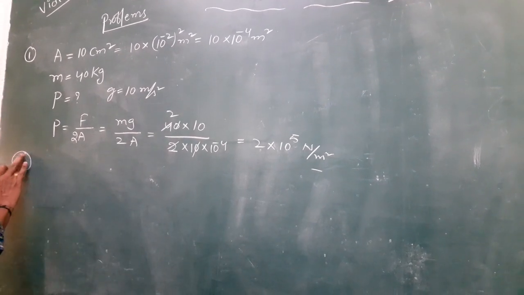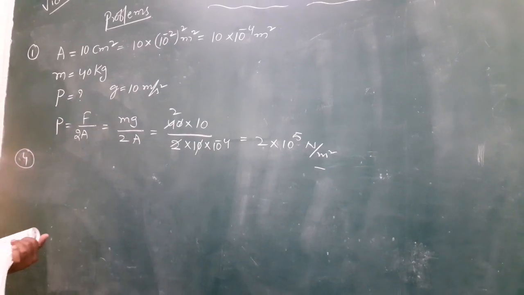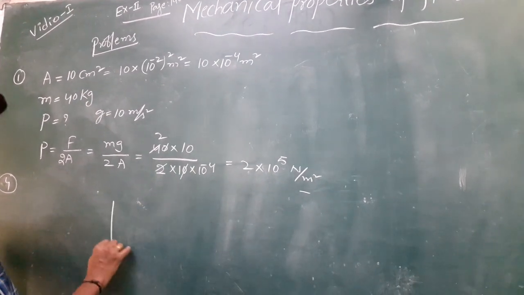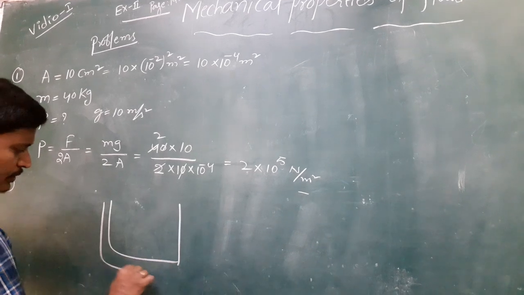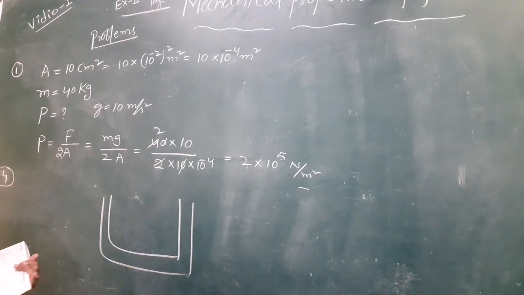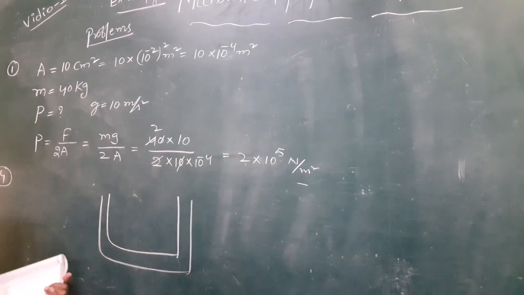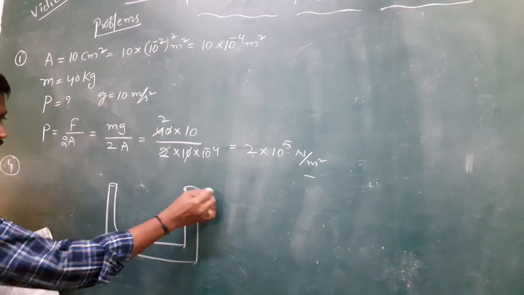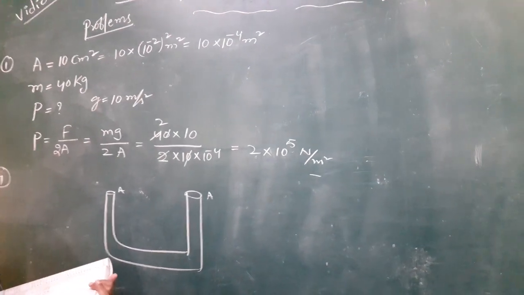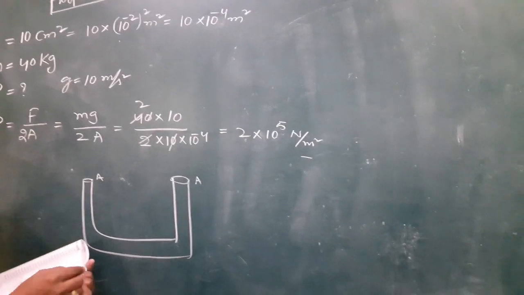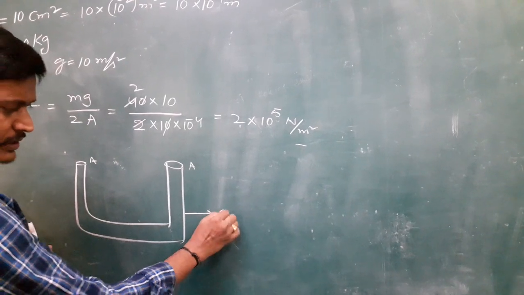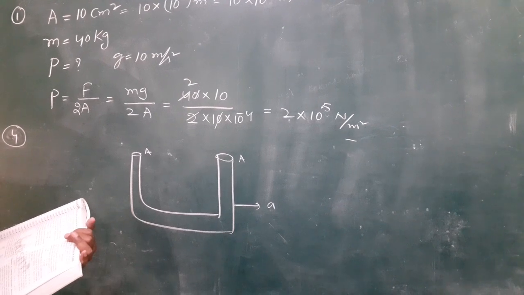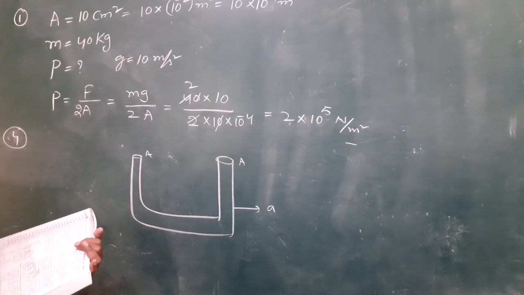Next, actually the fourth question in your exercise. The figure shows a U-shaped tube, having uniform area of cross section, the same at both limbs. The tube is accelerating in the horizontal direction and it is filled with liquid.